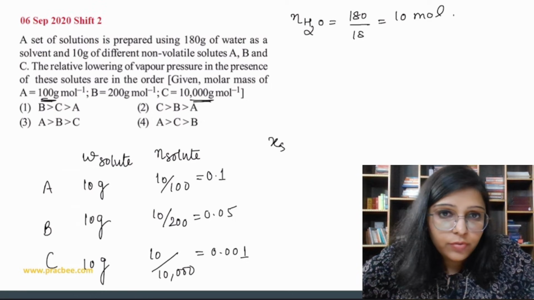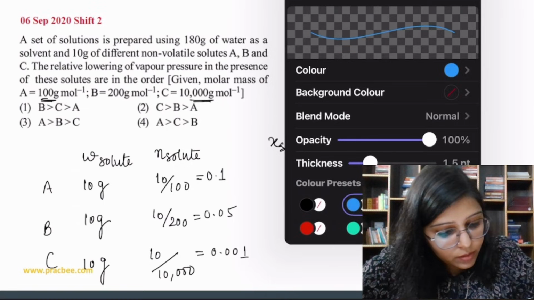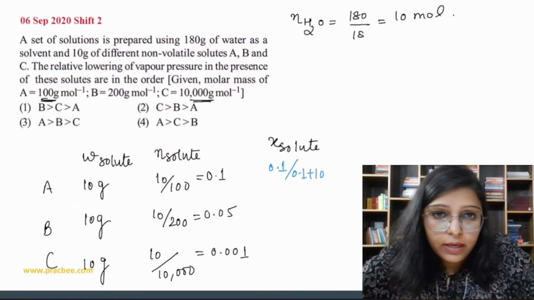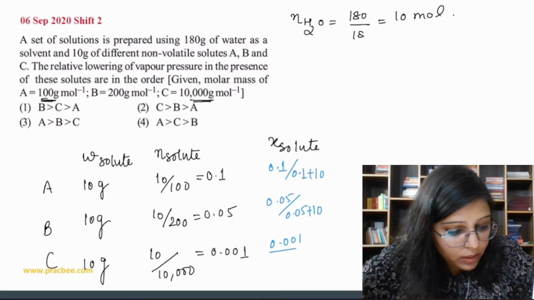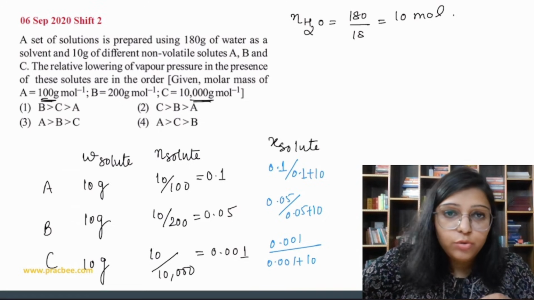Now the mole fraction of solute we have to find out, which is 0.1 upon 0.1 plus 10. Then 0.05 upon 0.05 plus 10. Then 0.001 upon 0.001 plus 10. Okay? It's just we have to solve.